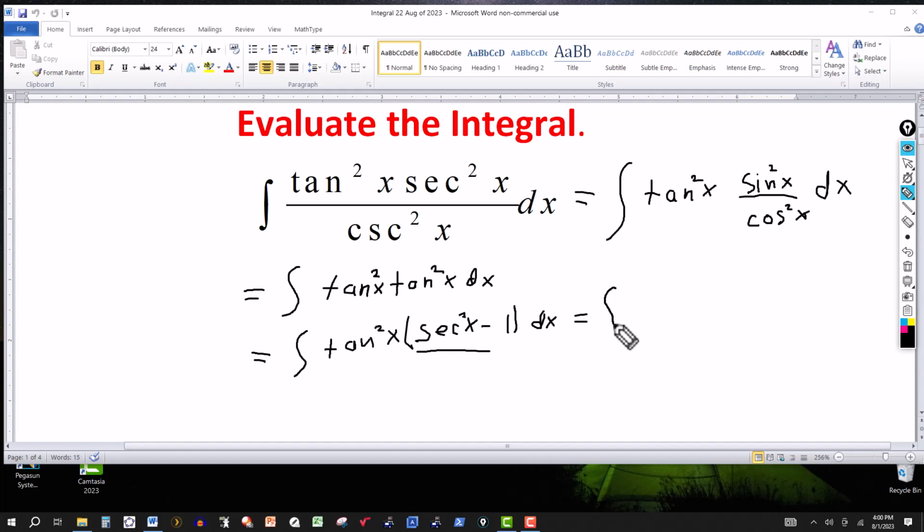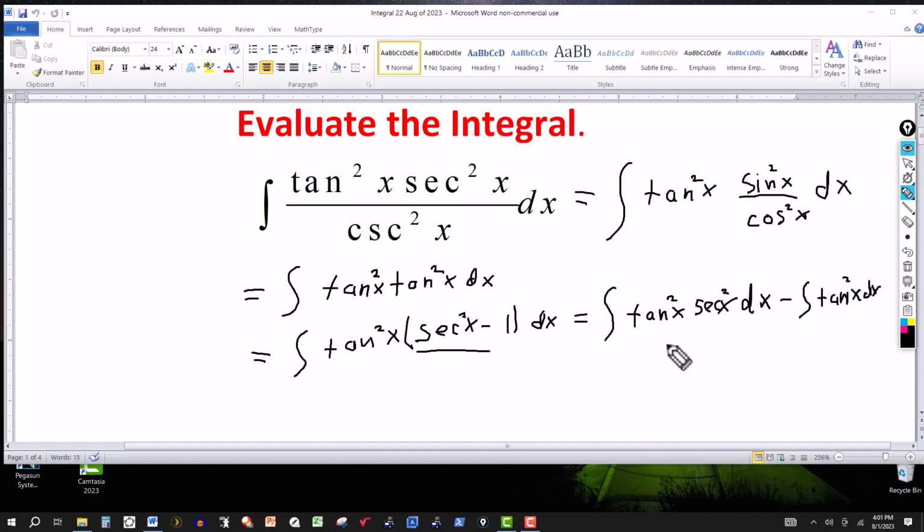So I'll rewrite this then as two integrals. This becomes tangent squared of x multiplying through here, secant squared of x dx. Then multiplying here, this gives me a minus the integral of tangent squared of x.